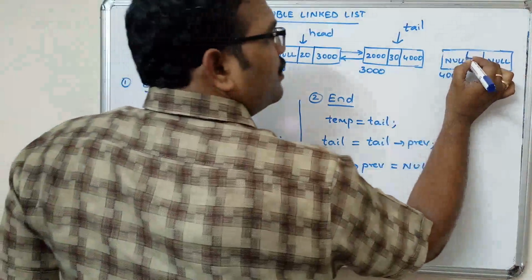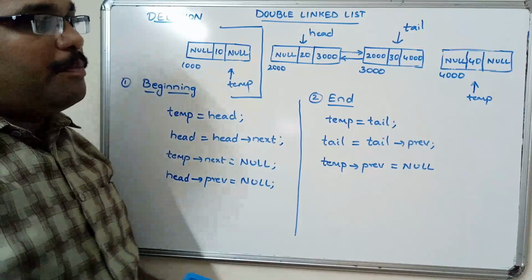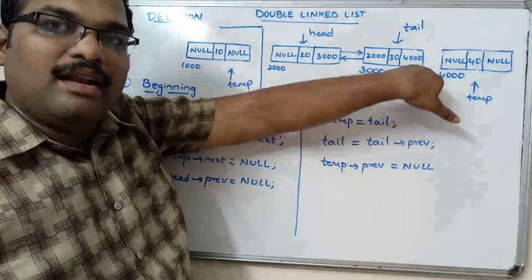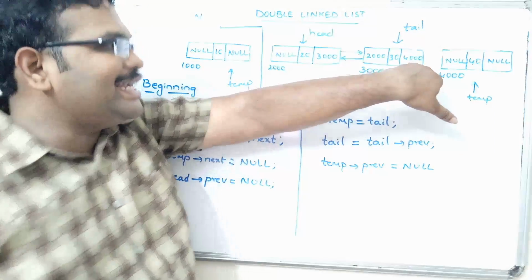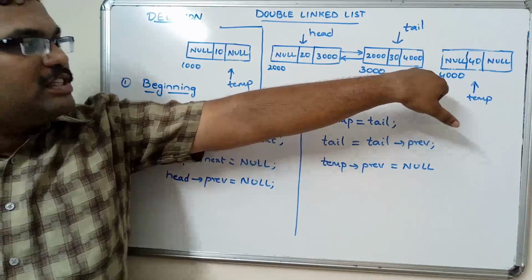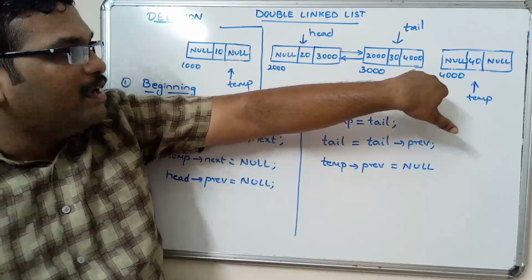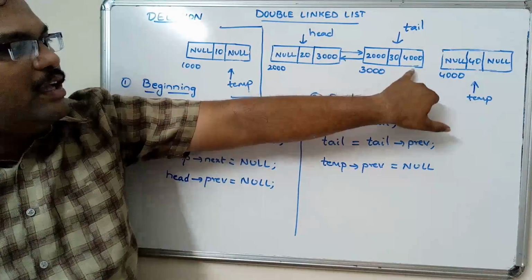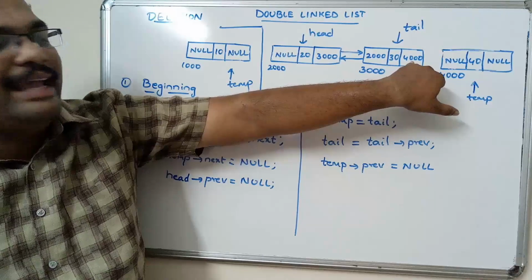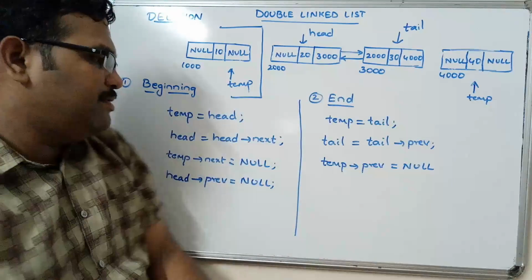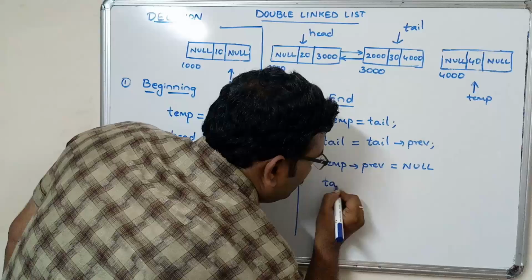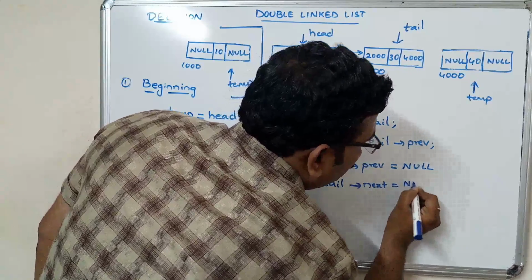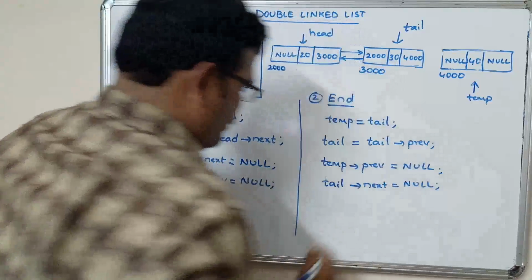And then still the problem is not solved because here 30 is the last element and the next field should hold the null value for the last element, but here it is holding the address of 40. So here we have to place null at the tail of next. Right. So tail of next is equal to null.